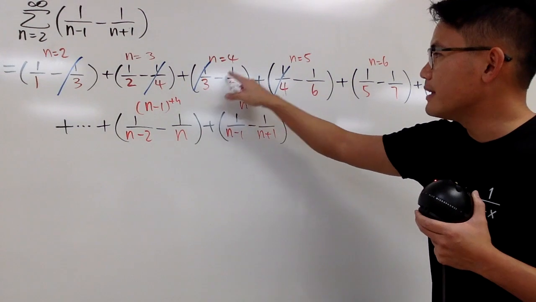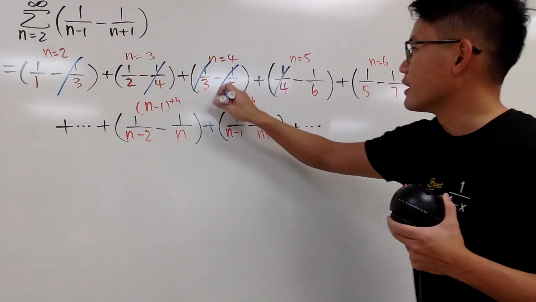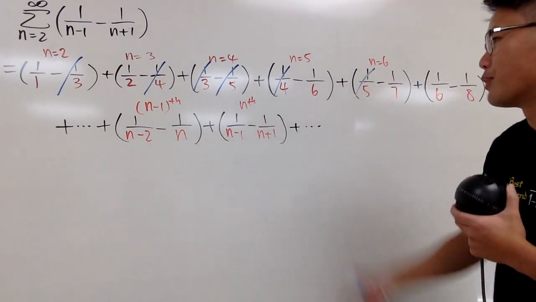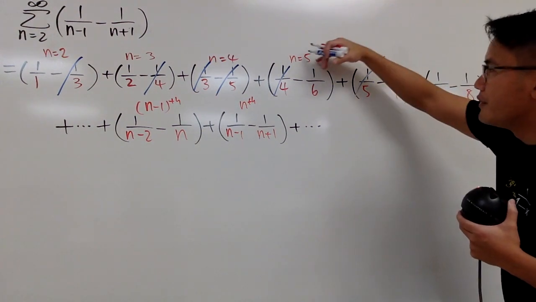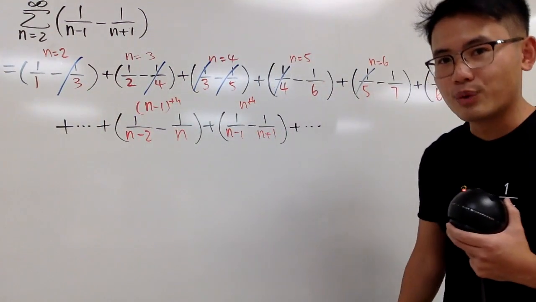Well, you have minus 1 over 5, and this is positive 1 over 5. Therefore, you can cancel them out. In fact, this term is completely gone, that parentheses. But if you look at just this now, you have this and that remaining, and then you have this and that in the front remaining as well.